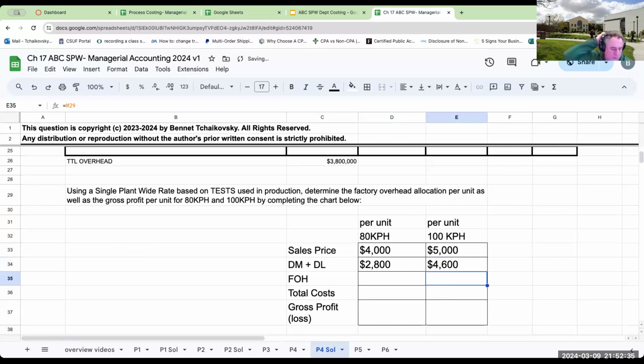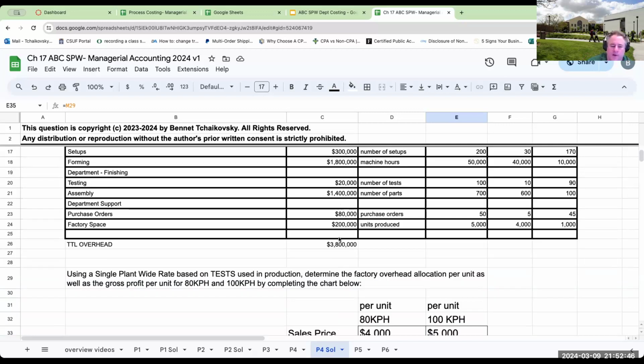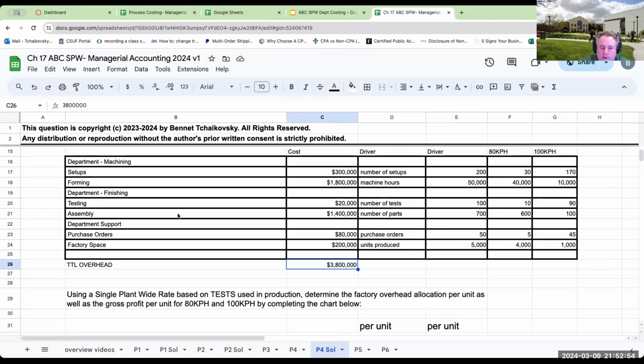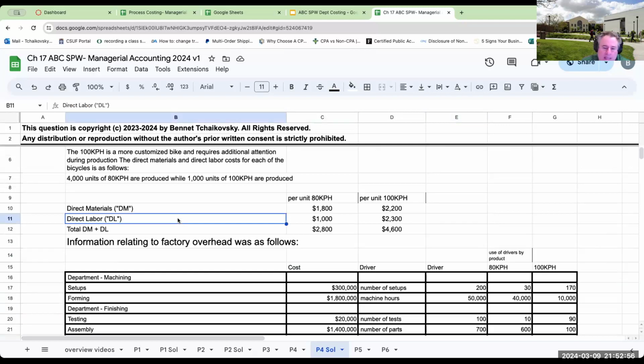Okay. So when we're looking at costs, what I want you to be thinking about is this overhead. When we're in production, direct materials and direct labor are generally very easy to determine.